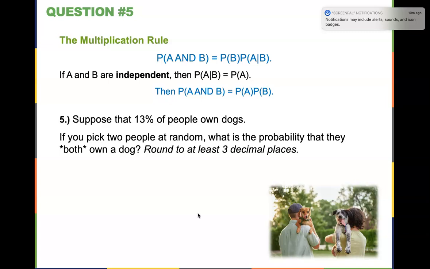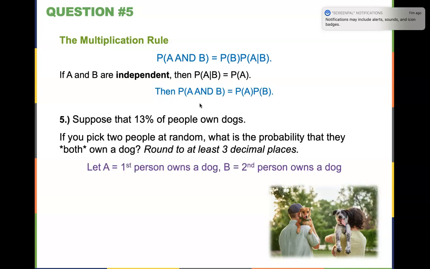But if the general population is really, really big, it's quite negligible whether you put that first person back or not. So picking one person and then picking the next person is going to be independent, because you're dealing with a huge population and it's a negligible difference whether you're dealing with a replacement or not. So then you can just multiply the two individual probabilities together. We would say that drawing two separate people would be considered independent events.